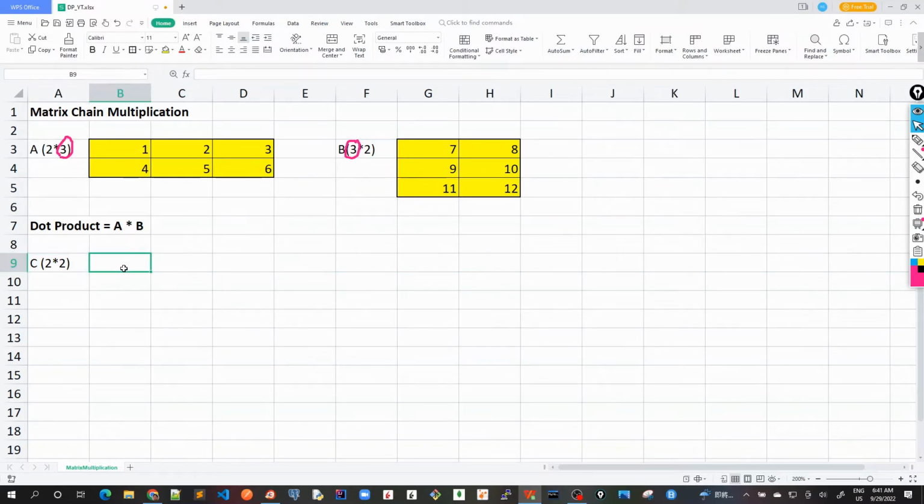So we are going to have a 2 by 2 array, like this one. This would be the final output of the dot product of A and B.